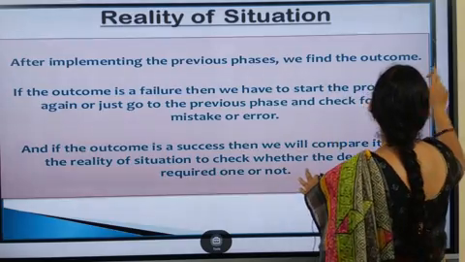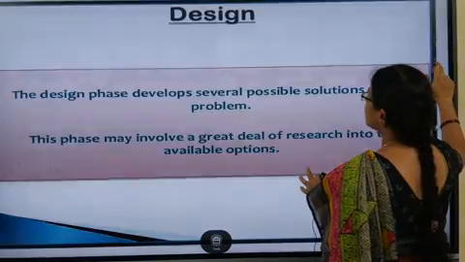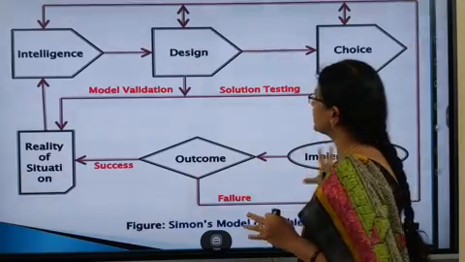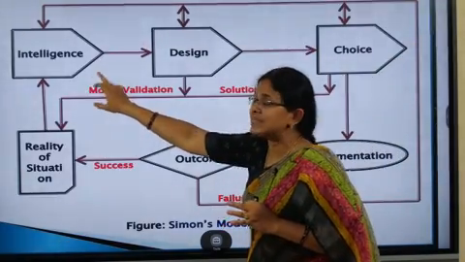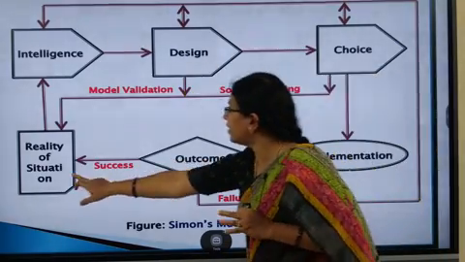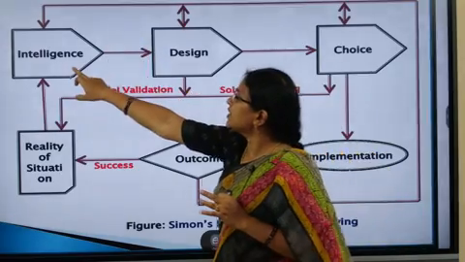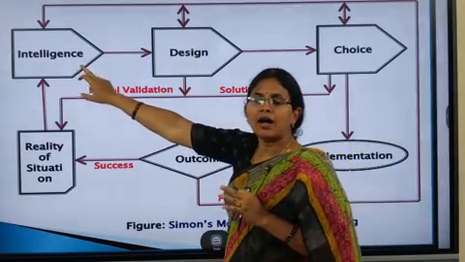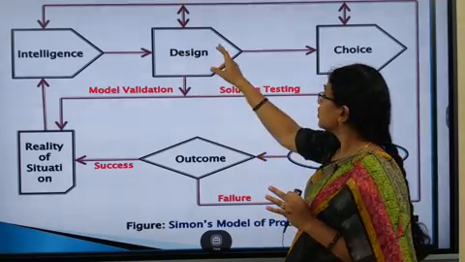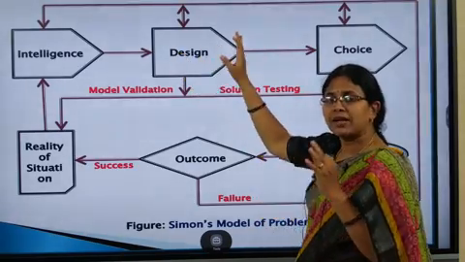Now you can see whatever we have discussed here. This is the starting phase, intelligence phase, design phase, choice phase, implementation, outcome, and reality. Okay. So I have started from here. After performing the intelligence phase, I came to the design phase. In this design phase, I come out with many alternatives.